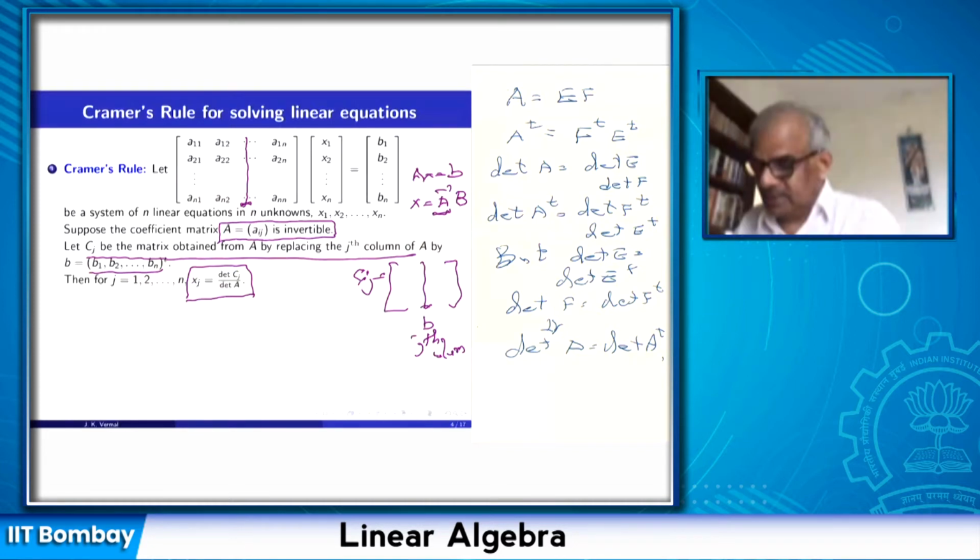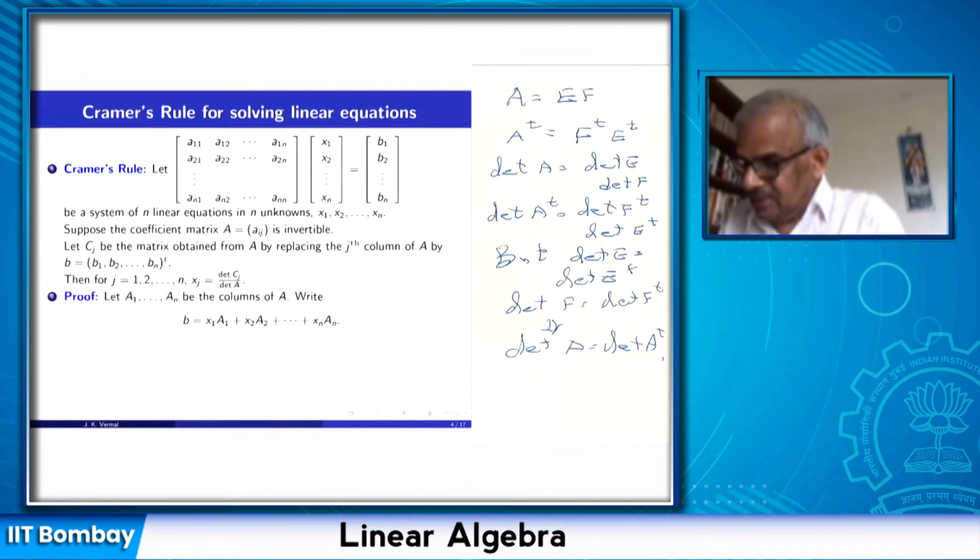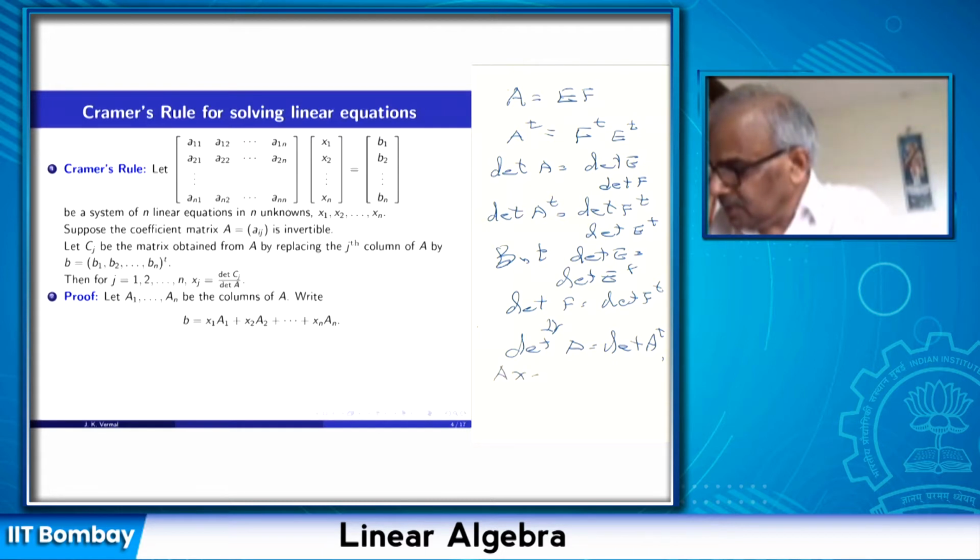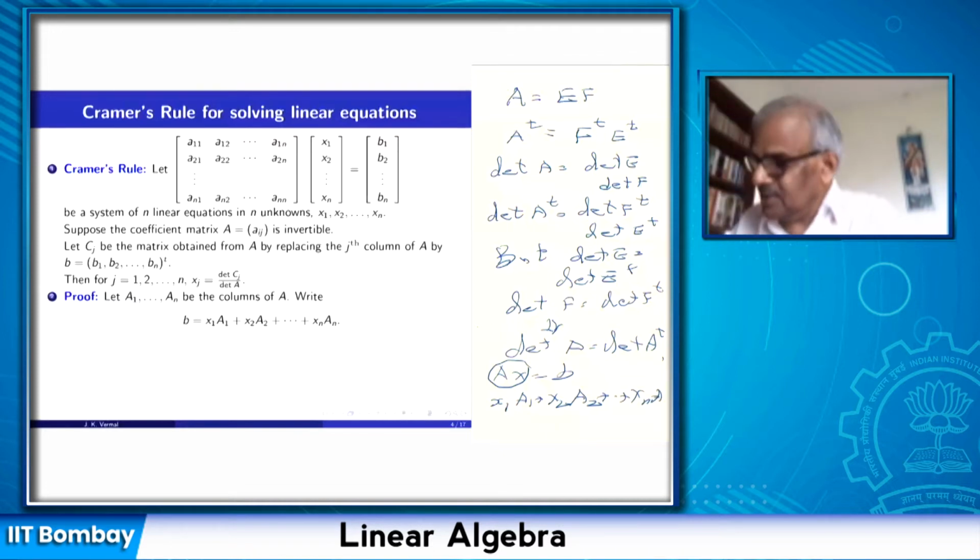Let's prove this. Suppose A1 up to An are the columns of A. Then we write Ax. This is a very important way of understanding Ax. We have Ax equal to b, but Ax can be thought of as a linear combination of column vectors, x1 A1 plus x2 A2, etc. There are two ways of understanding Ax. How do we multiply A with a column vector?